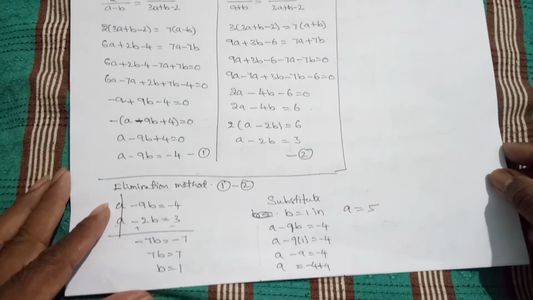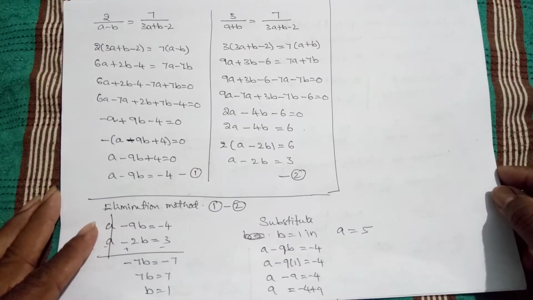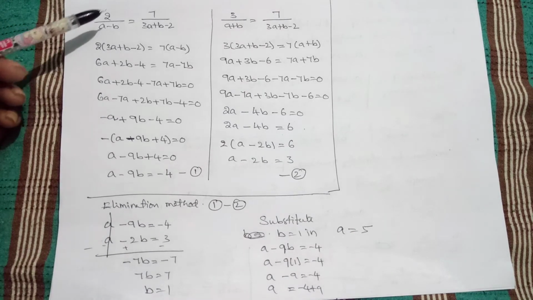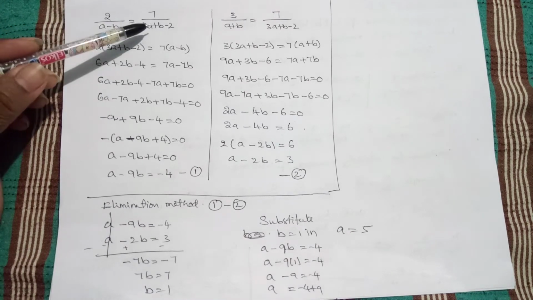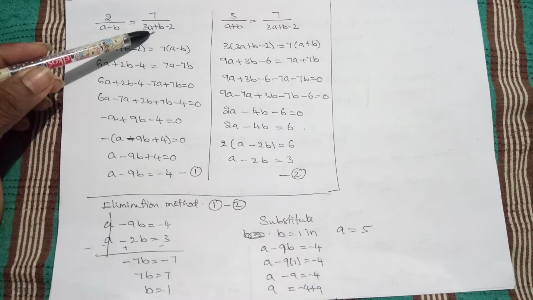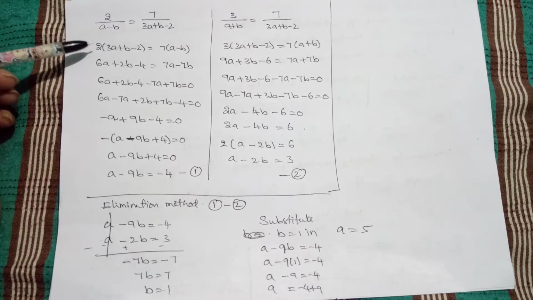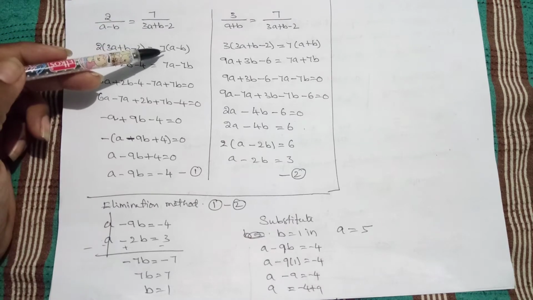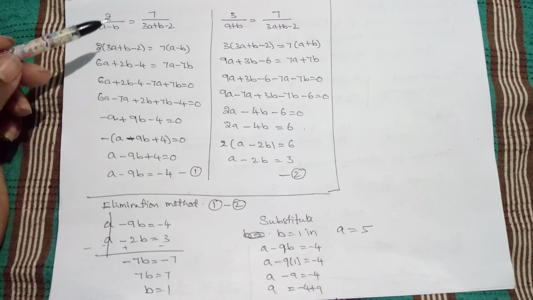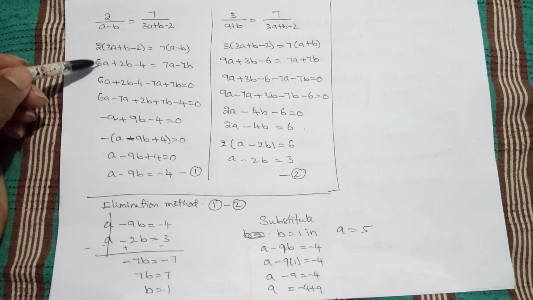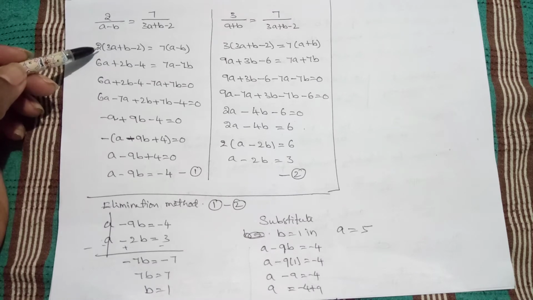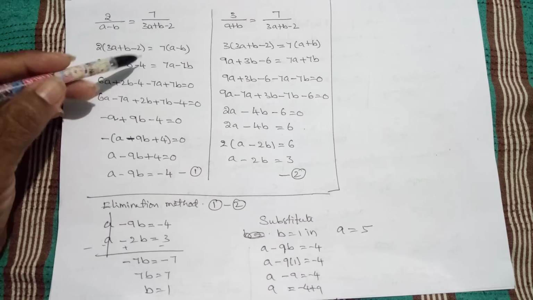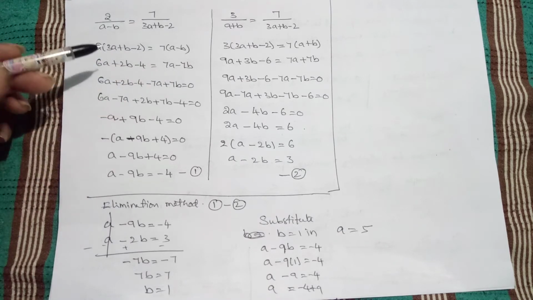It is a continuation of the previous page. Now take this equation, get this denominator to this side and multiply by 2. Get this denominator to the other side and multiply by 7. Now here 6a plus 2b minus 4 equals 7a minus 7b, after distributing.